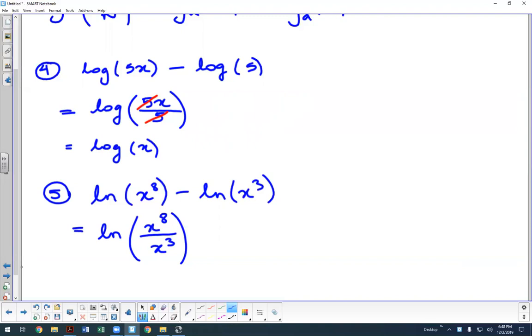You've got 8 over 3 in your exponents. So 8 minus 3 will give you 5. Like I said, anytime you see a fraction, if you can simplify it, clean it up, and that should be your final answer, natural log of x to the 5th.